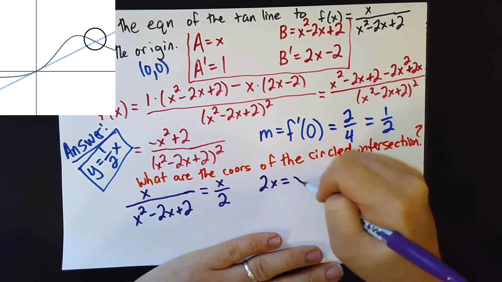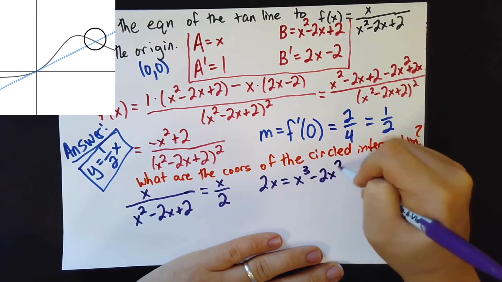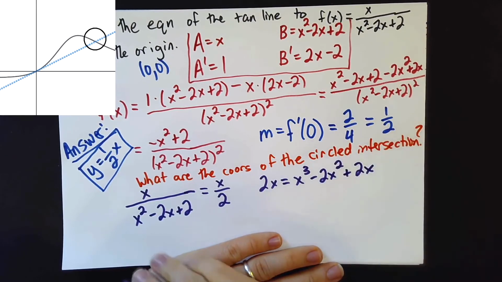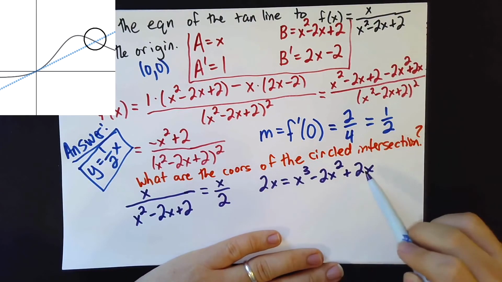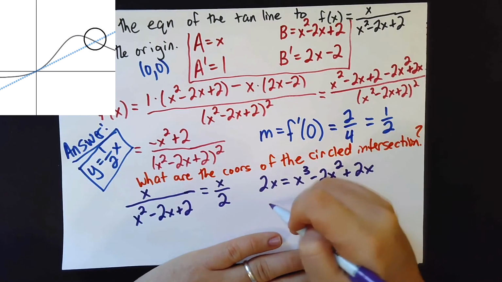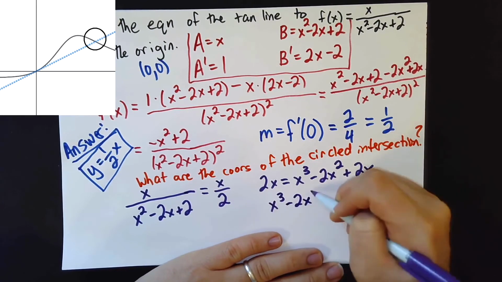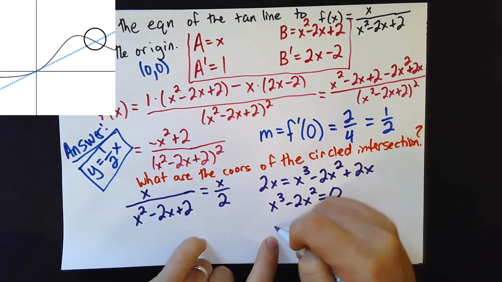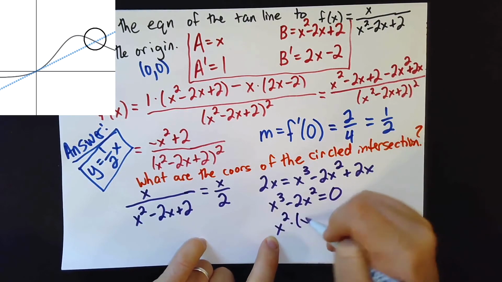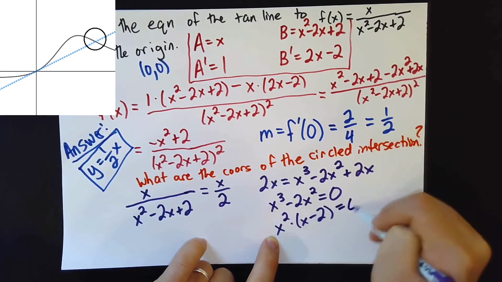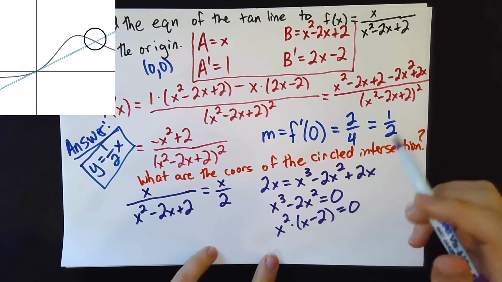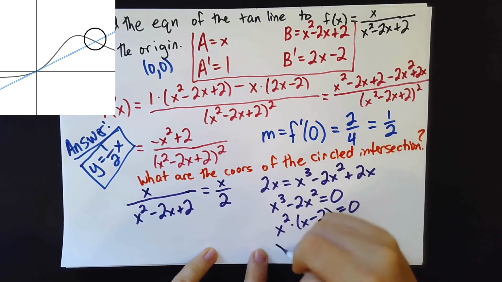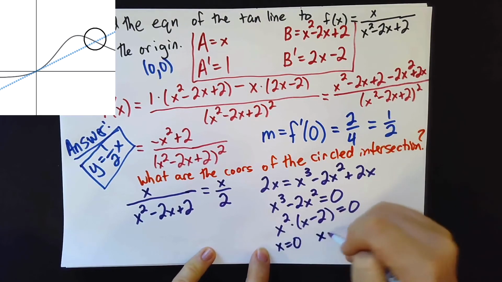So now I'm going to solve this by cross-multiplying. And these two x's are going to drop off. I can factor an x squared out of this. And so I learn that, in fact, the tangent line intersects the graph at x equals 0 and x equals 2.